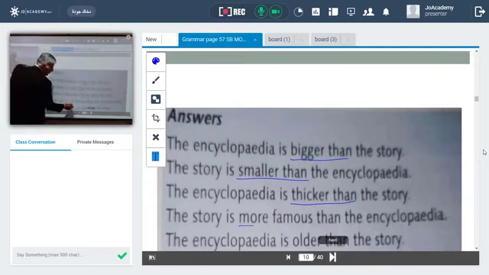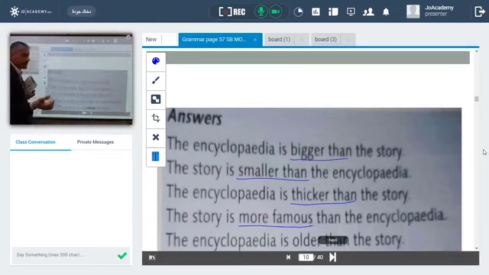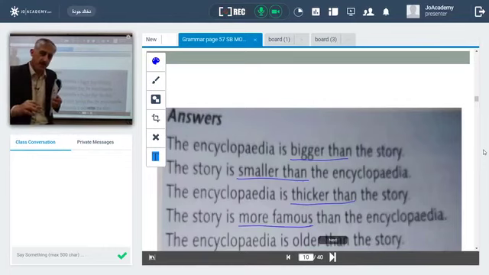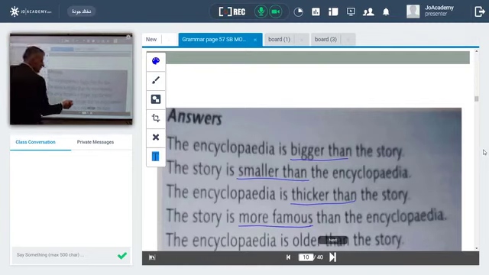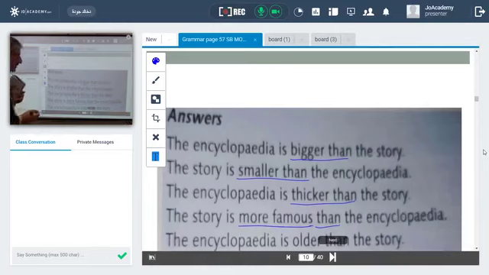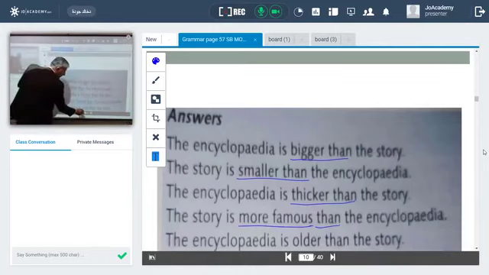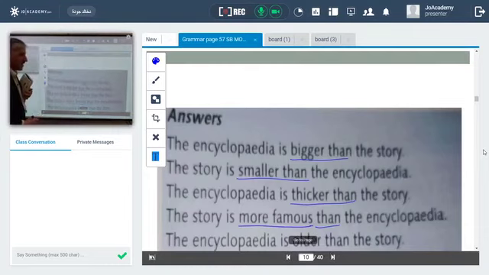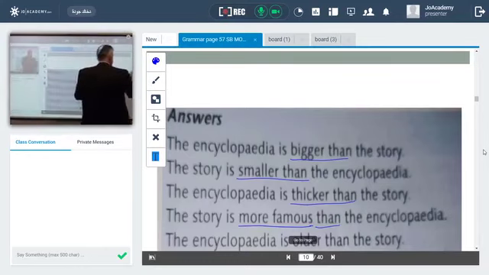Notice here we used more famous. We said famous is more than one syllable adjective. That's why we say more famous than. We don't forget the word than. It's very important to give a meaningful sentence. More famous than the encyclopedia. And the last sentence we have, the encyclopedia is older than the story. It's older than the story. So here are our answers.